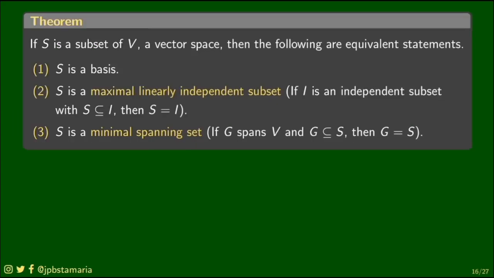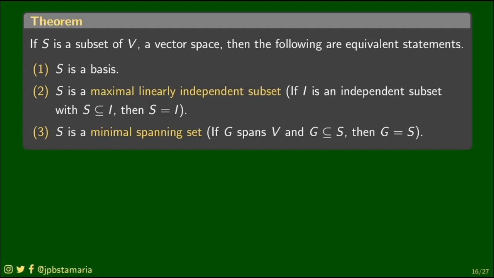So in summary, this is what we have learned. If you have a basis S, it is actually a maximal linearly independent subset. When you say maximal linearly independent subset, it means that anything more than that is no longer independent. Did you understand? And it is also a minimal spanning set, in the sense that anything smaller than that cannot be a spanning set.